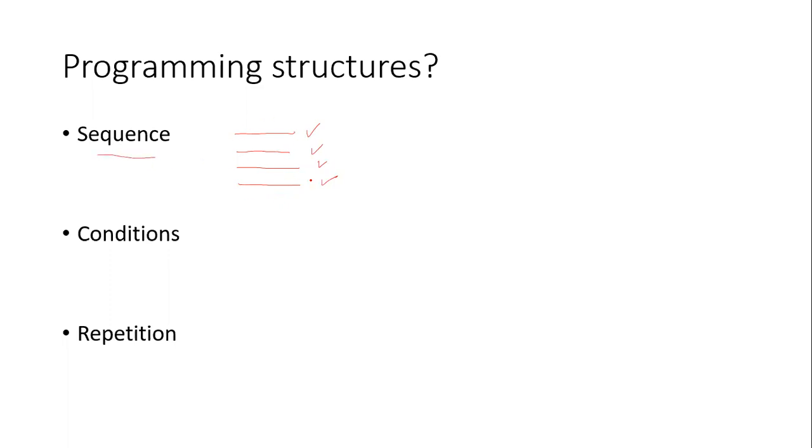Our programs had some form of calculations, and in the calculations, we executed them one statement after the other, together with some output statements in it. After sequence, we then looked at conditions. With conditions, we had some statements, but at some point, we had a condition to execute.